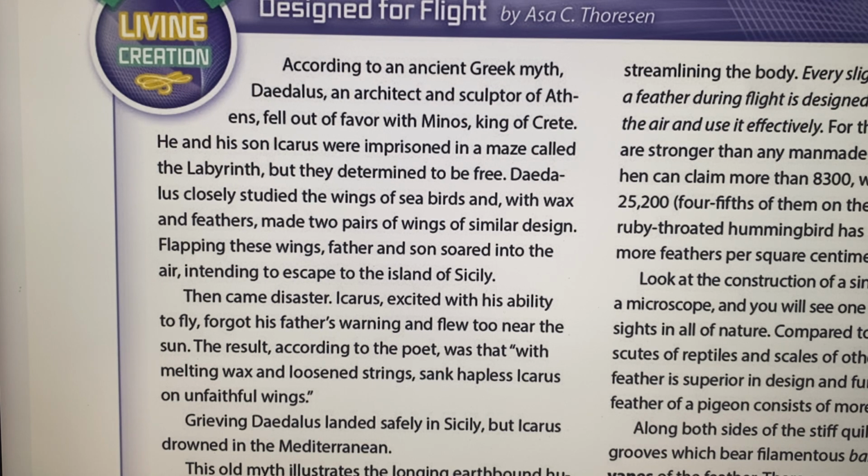Then came the disaster. Icarus, excited with his ability to fly, forgot his father's warning and flew too near the sun. The result, according to the poet, was with melting wax and loosened strings, he sank hapless Icarus on unfaithful wings.